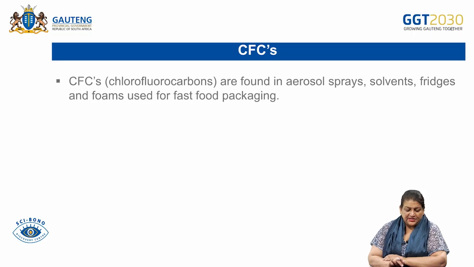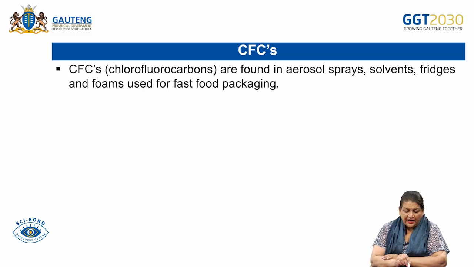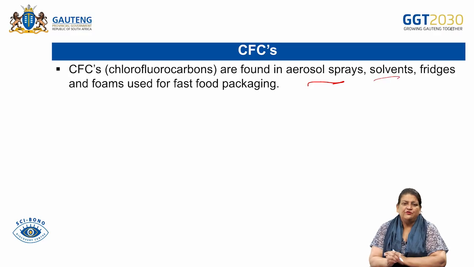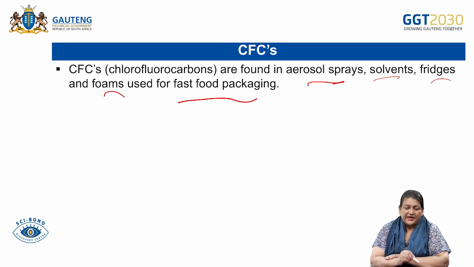CFCs, chlorofluorocarbons, are found in aerosol sprays, in certain solvents like turpentine, when you are doing paints, and in fridges and foams for food packaging, like polystyrene. They have certain amounts of CFCs in them.